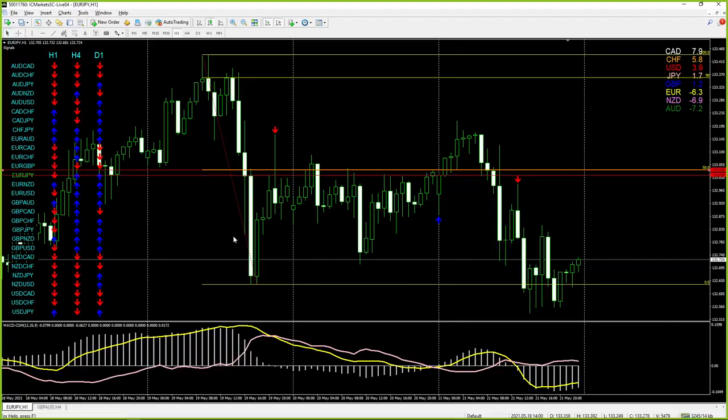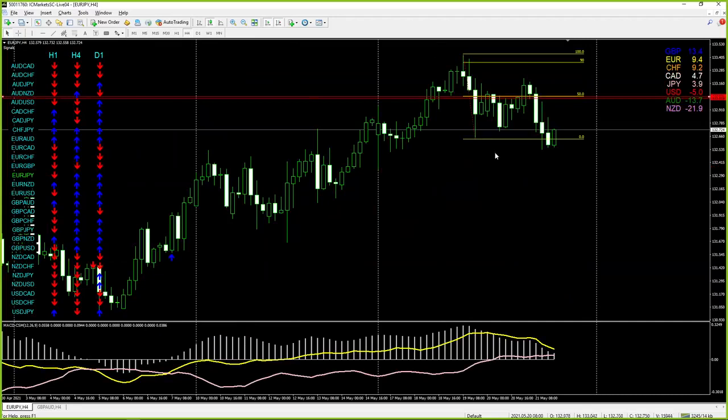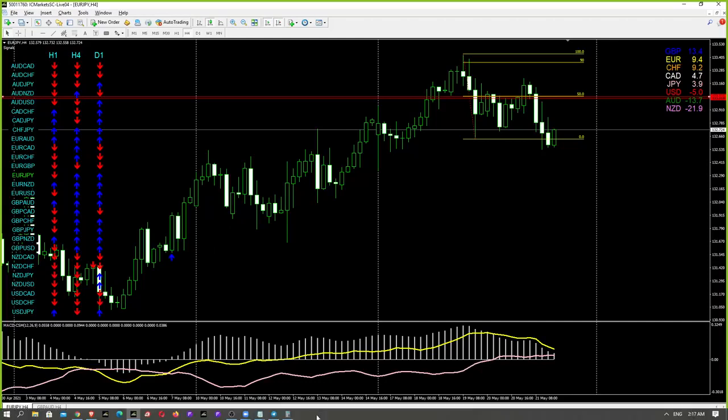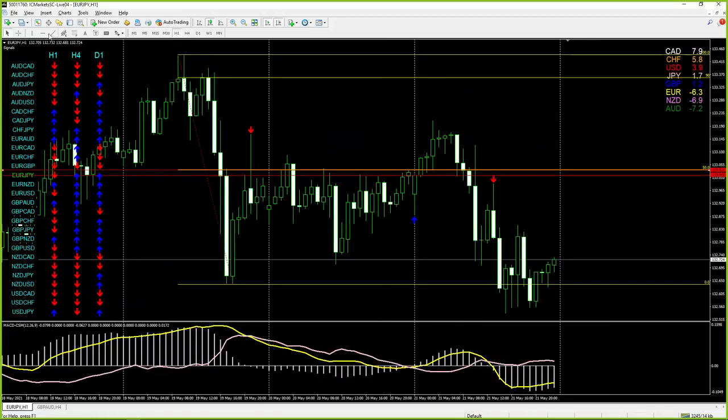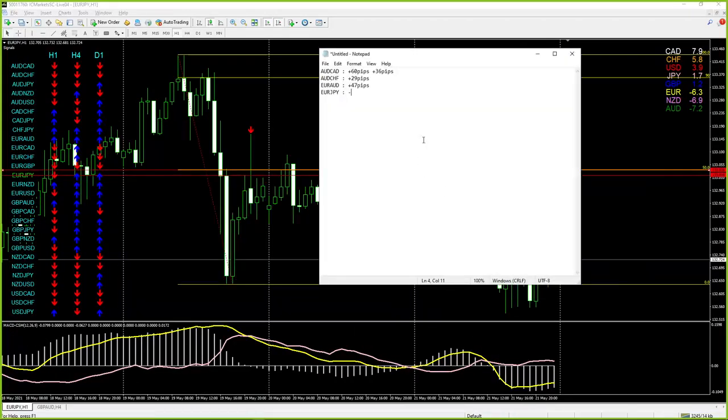But we can still hold this trade because, as we can see, H4 time frame still has a buy signal. It's closing soon, but we can still hold this trade. But still, let's take note of it. So EUR JPY, we would have a floating loss of negative 30 pips.